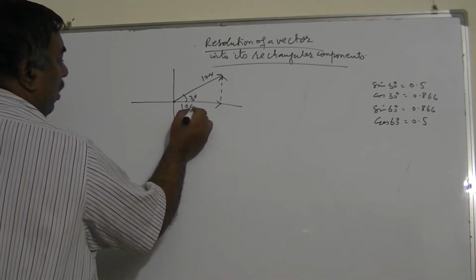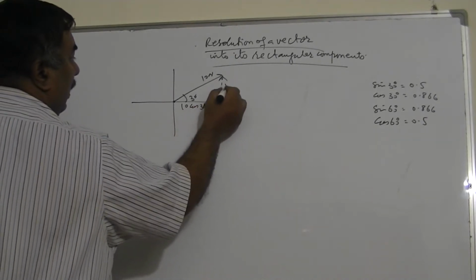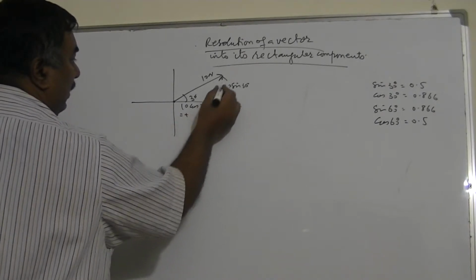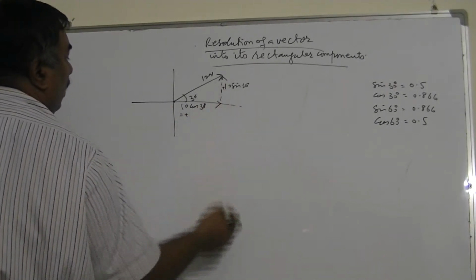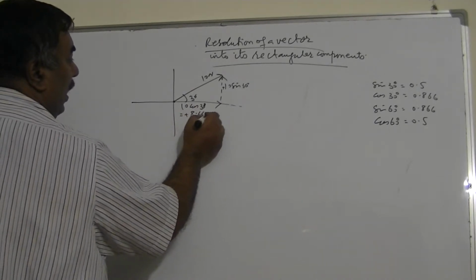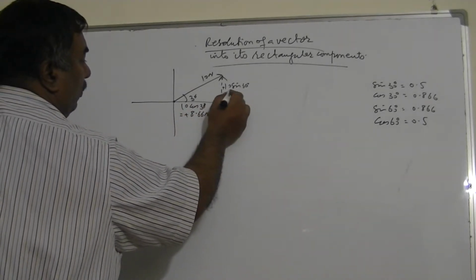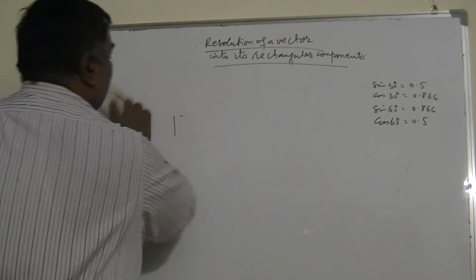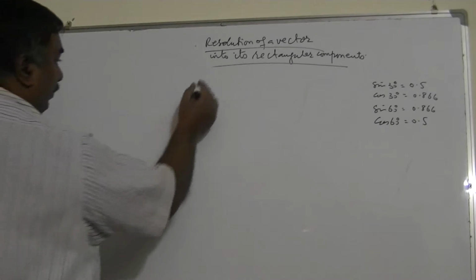So 10 cos 30, and this will be 10 sin 30. This is towards positive, so plus sign, and this is also positive. You can put the values. Cos 30 is 0.866, so it will be 8.66 Newton, and sin 30 is 0.5, so it will be plus 5 Newton.